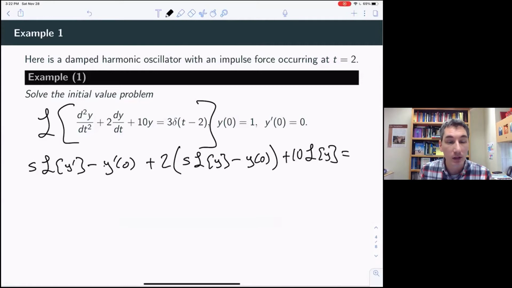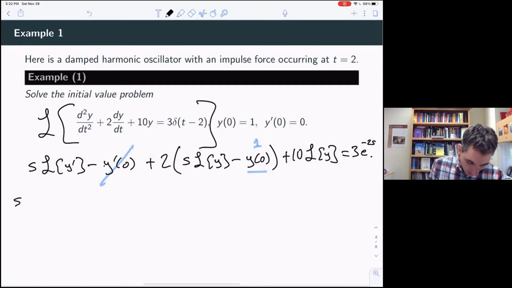Well, the right-hand side should be the Laplace transform of that Dirac delta function, which we saw in the main idea video is going to be e to the minus 2s in this case. All right. So y prime of 0 is 0, so that term is going to cancel, but y of 0 is 1, so we will persist with that term equaling 1.